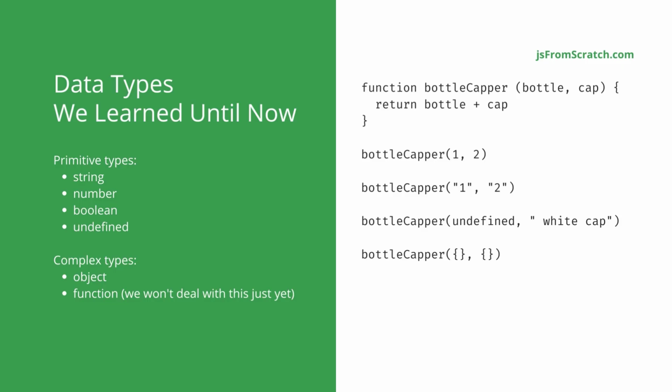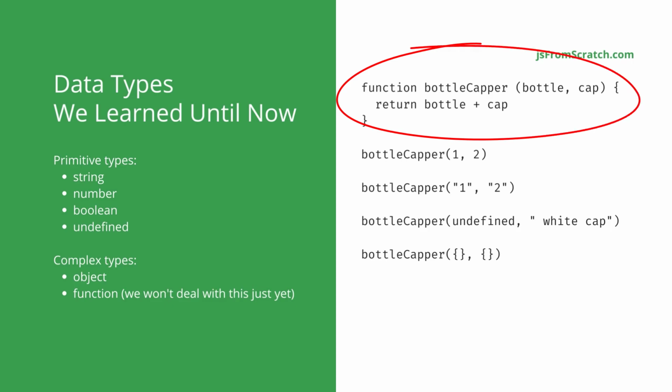The bottle capper function is defined in such a way that allows us to pass any value of any data type to the function invocation, and JavaScript will do whatever it can to comply to our command. This might result in some weird output. Up until this point, I've shown you the following data types.